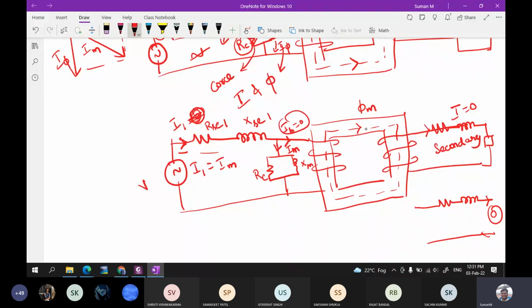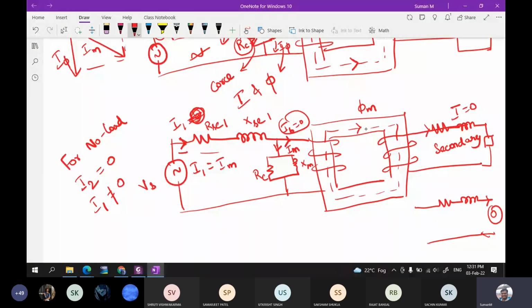Now this is for the source voltage. No load condition means there is no load at the secondary side, the secondary current is equal to zero, whereas the primary current, that is I1, is not equal to zero, because the transformer needs to be magnetized. If the transformer needs to be magnetized, there should be some flux. If there should be some flux, then there should be some current.